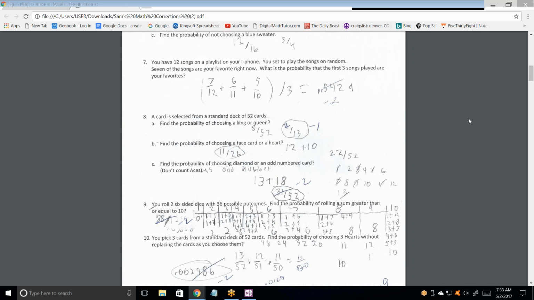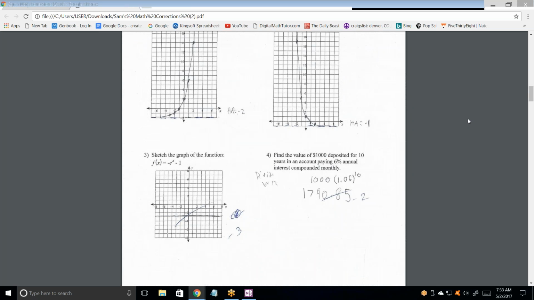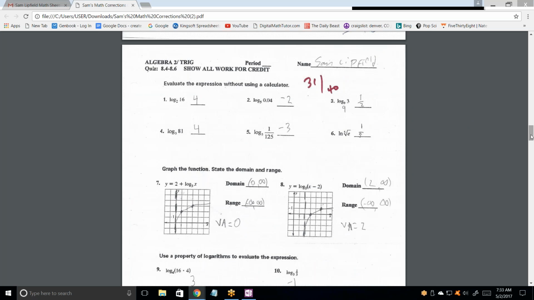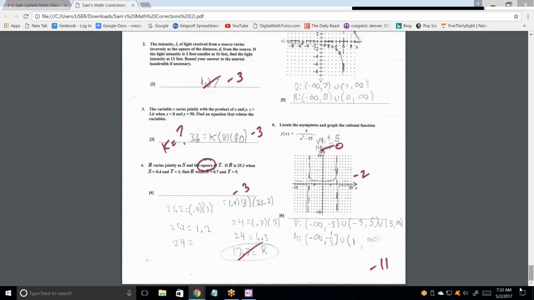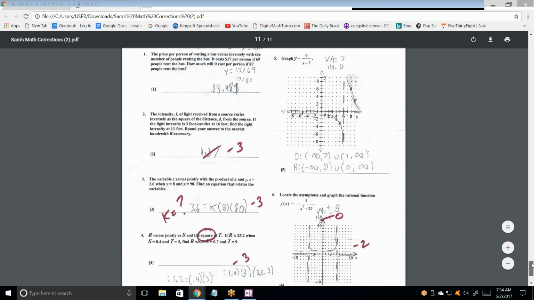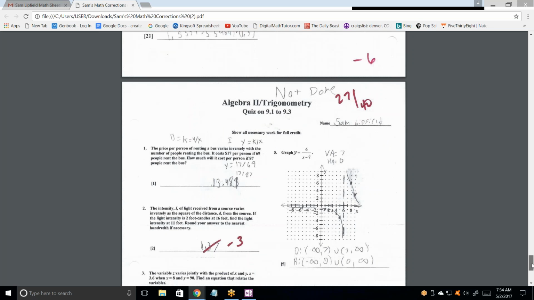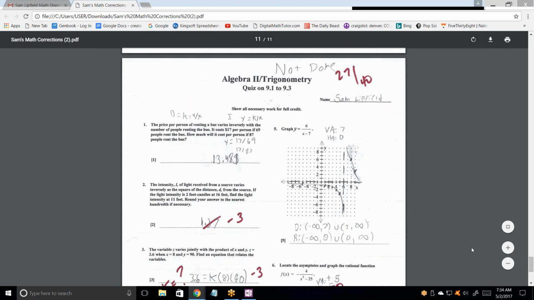Here, just go to the very bottom of the PDF, and let's see which worksheet that was, just so we can work from the bottom up. I don't see a title on it. Quiz on 9.1 to 9.3.